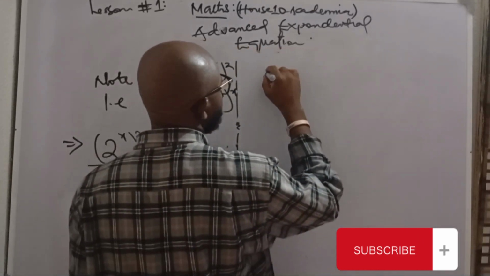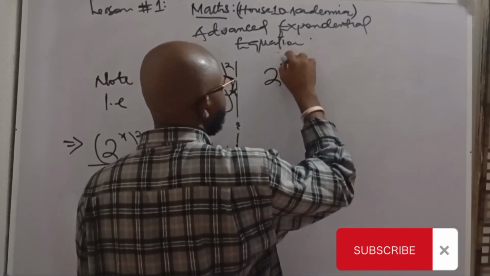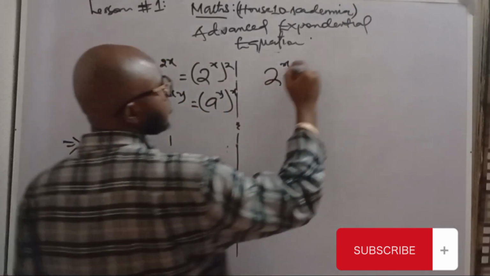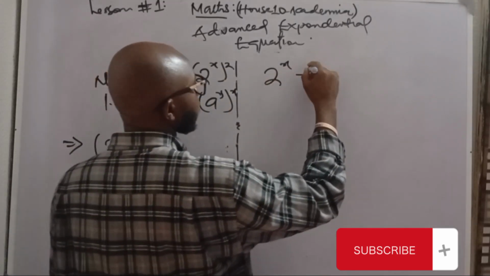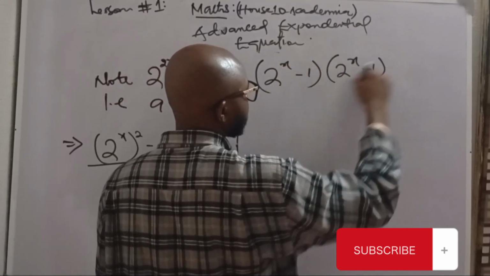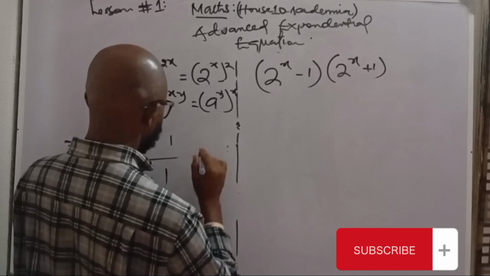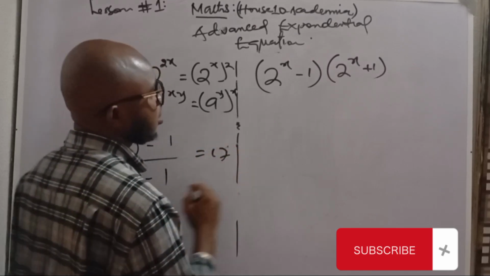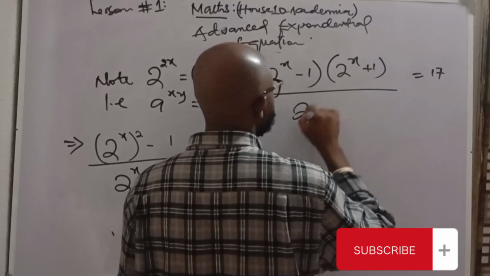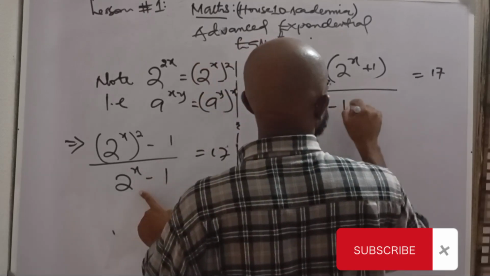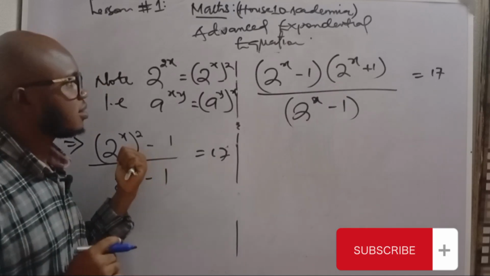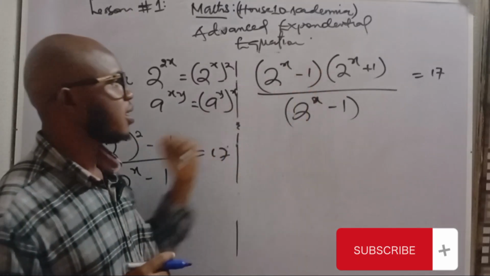Okay, we'll be having 2^x minus 1, 2^x plus 1, equals 17, sorry, equals 17, 2^x minus 1. Now, if you add this thing together, you get this.